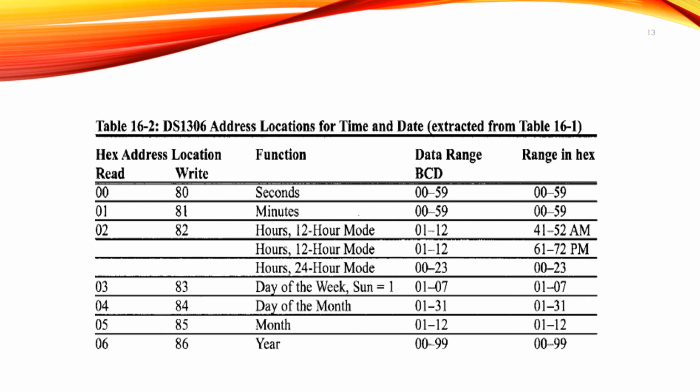For mode setting there are also options: 01 to 12, and 20 to 23 for 24-hour mode. So both of them are possible. Then even for month and year, 00 to 99 is the range specified. So this table gives you the idea about address locations for time and date.